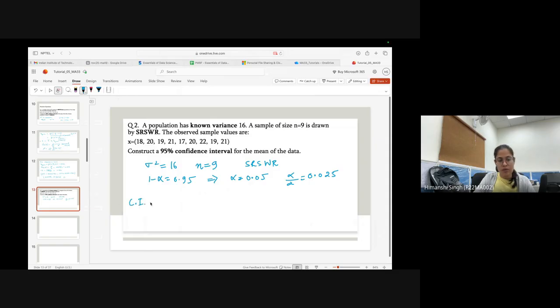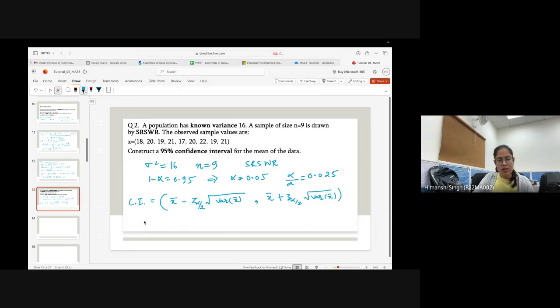The confidence interval will be x bar minus z alpha by 2 square root of variance of x bar. Since we know the population variance, we do not want the estimate of it. We will use the variance of x bar only, and this is x bar plus z alpha by 2 square root of variance of x bar.